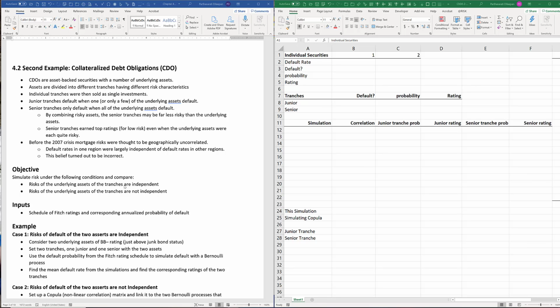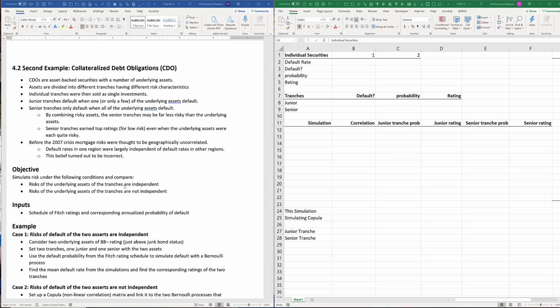We're going to look at two different tranches. One we call junior and the other senior. Junior tranches default when even one of the underlying assets, or just a few within a threshold, default. If that happens, then the entire tranche is declared as defaulted.